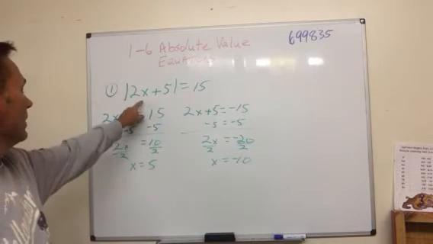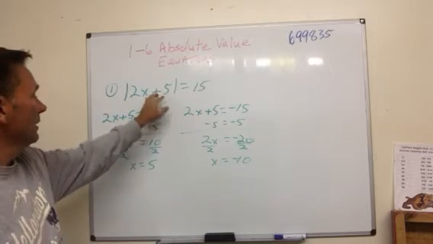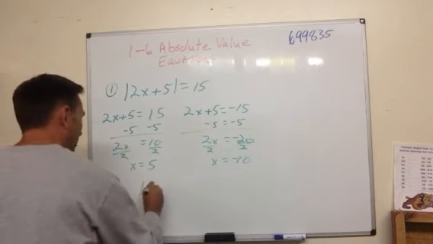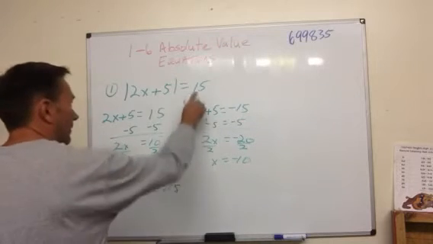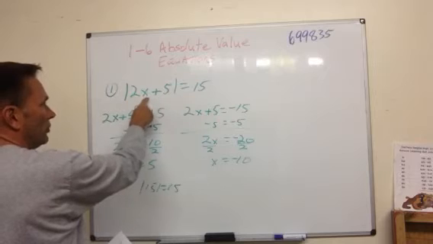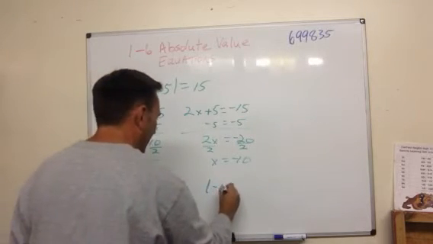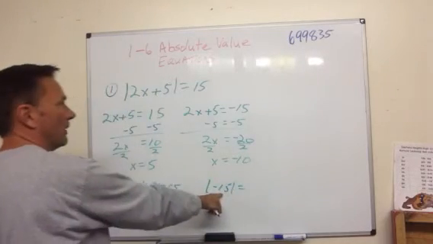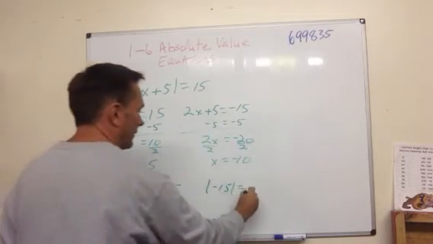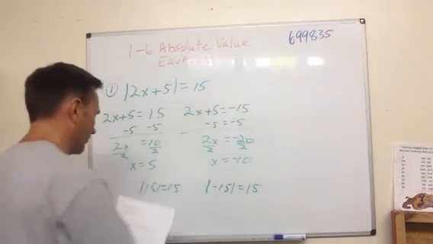Well, if we put a 5 in here, 2 times 5 is 10, 10 plus 5 is 15. And we know the absolute value of 15 is 15. If we put a negative 10 in here, 2 times negative 10 is negative 20, plus 5 is negative 15. And what's the absolute value of negative 15? Again, it's positive 15. So that's our first example.